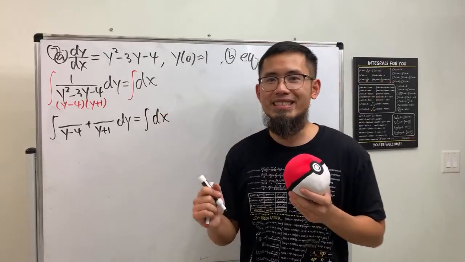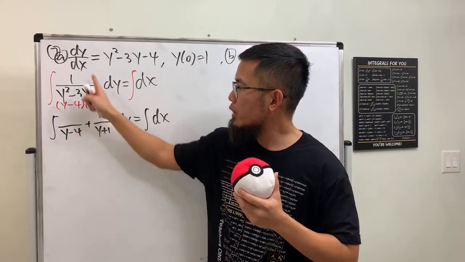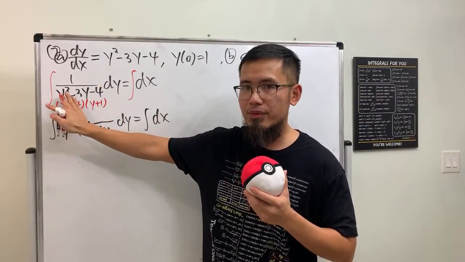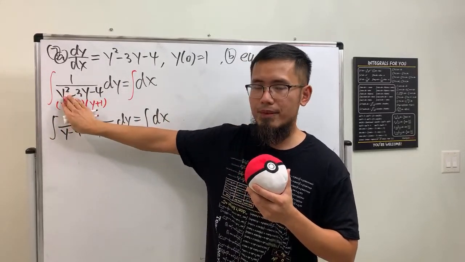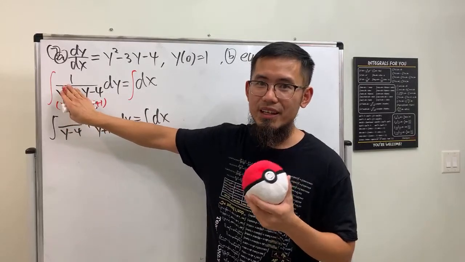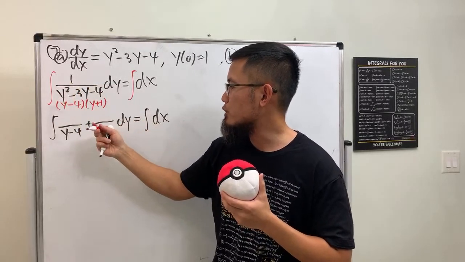Now, of course, do the cover-up method. To figure out this number, we go back to the original and we cover up with the same denominator, namely y minus 4. Cover this up. How can y minus 4 be 0? y has to be 4. And you put 4 right here. So we have 1 over 4 plus 1, which is 1/5.